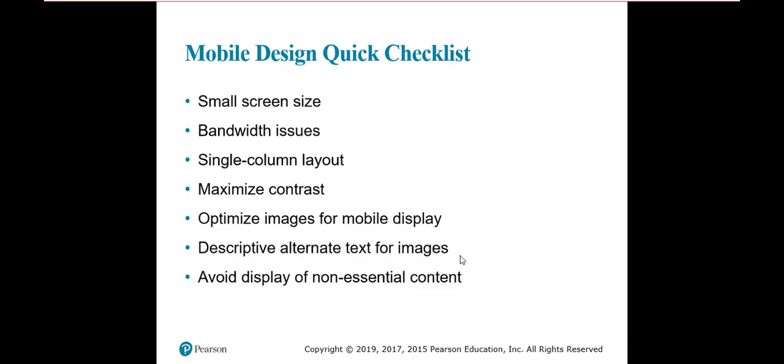If I'm talking about the images, you have 10 images on a bigger screen, so you should reduce the number of images and consider only the required images on this small screen size platform. Always your images should have descriptive alternate text.